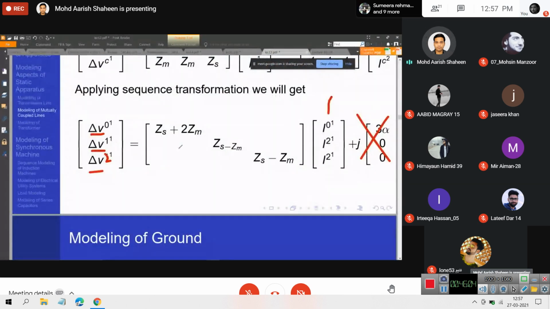Positive sequence voltage is only dependent on positive sequence current, and negative sequence voltage is only dependent on negative sequence current. This is what I was telling you, there is a decoupling of the networks. Zero sequence voltage is only dependent on I0 because the other two terms are zero. Zero into anything is zero. Okay? So those who have studied a bit of math, these diagonal terms are called eigenvalues.